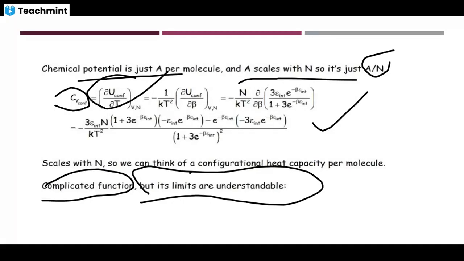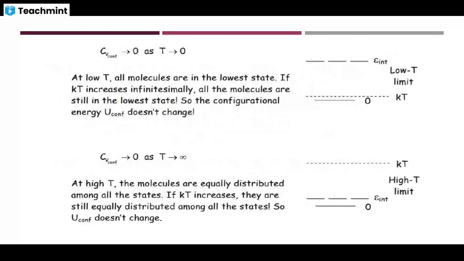At very low temperature, kT becomes very close to 0. Cv is nothing but dou U divided by dou T, the change of internal energy when the temperature changes. When the temperature is very low, all molecules are in the lowest state.